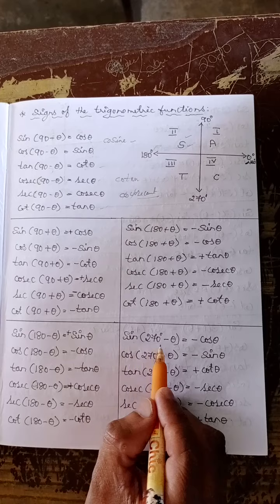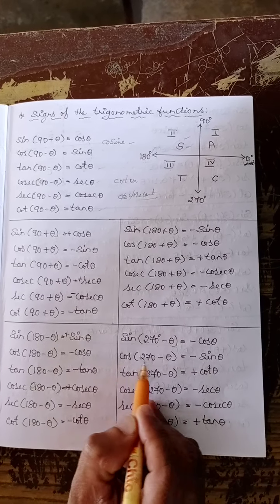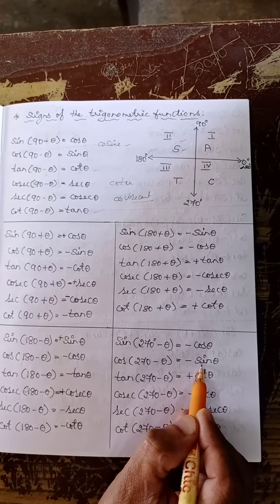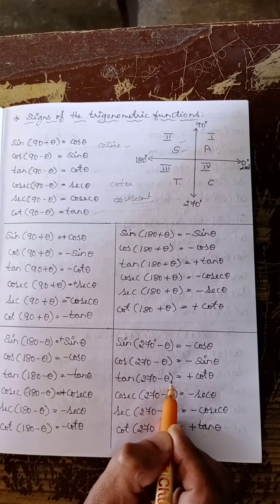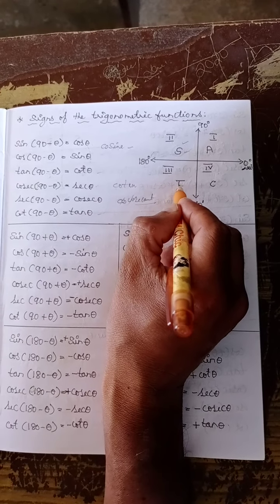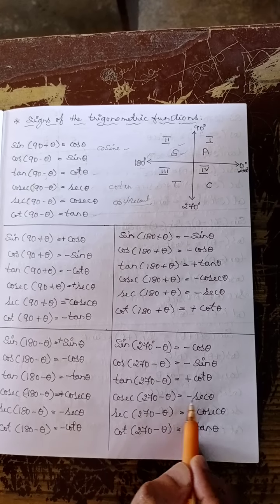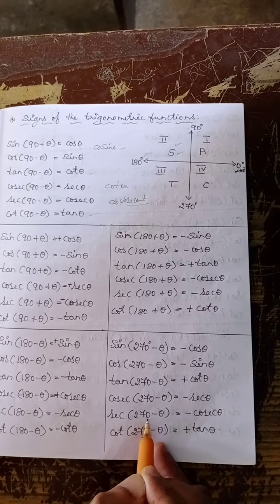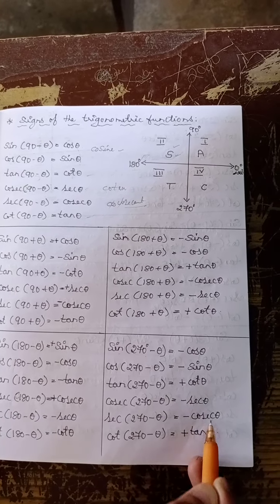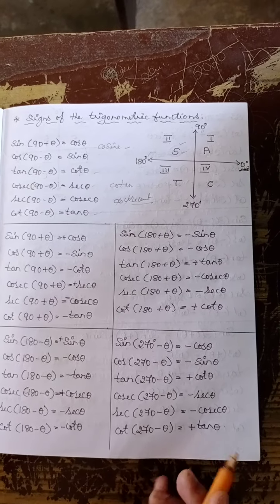Hence sine of 270 minus theta, being complementary, is minus cos theta. Cos of 270 minus theta is minus sin theta. Tan of 270 minus theta is plus cot theta, because in the third quadrant tangent and cotangent are only positive. Cosec of 270 minus theta is minus sec theta, secant of 270 minus theta is minus cosec theta, and cot of 270 minus theta is plus tan theta.